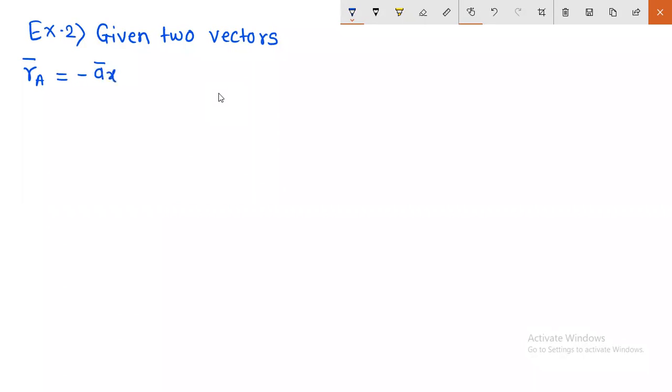This minus a bar x means it is minus 1 a bar x. Then minus 3 a bar y and minus 4 a bar z. And small r bar b is equal to 2 a bar x plus 2 a bar y plus 2 a bar z.